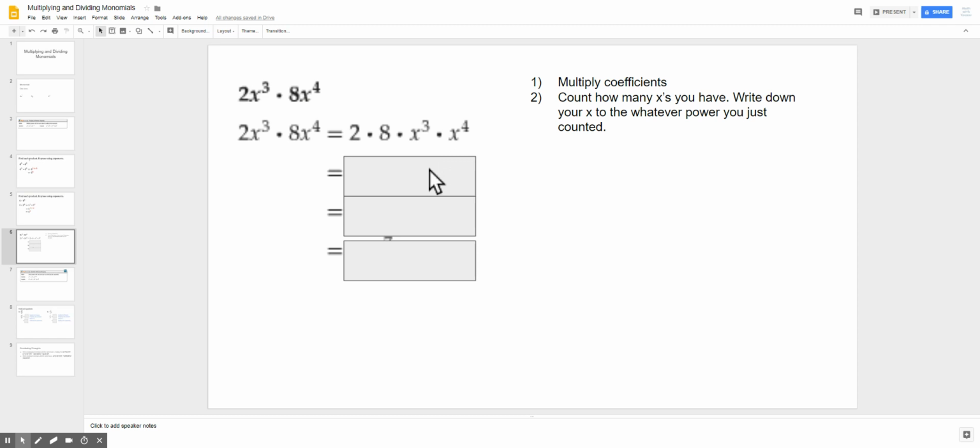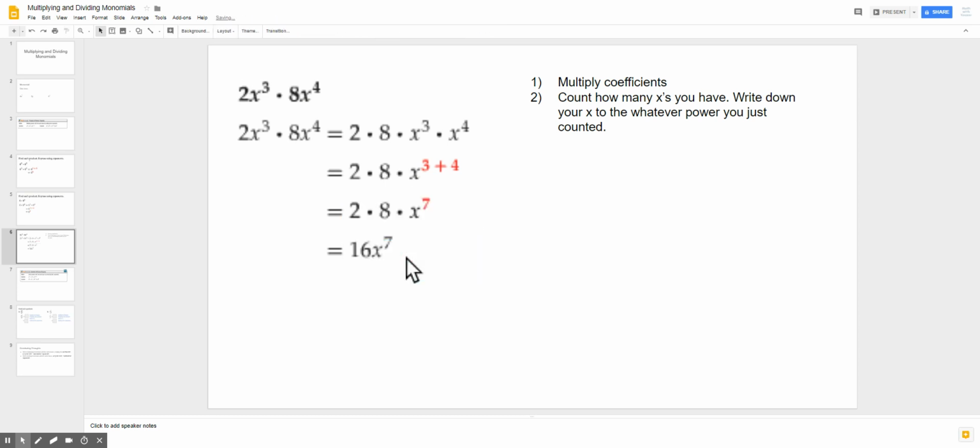And when you do that, you can see right off the bat your exponents. You would add your exponents and keep the base of x. So your exponents will be 3 plus 4, which gets you that 7, right? So it would be x to the 7th, and then your coefficients you just multiply. So you end up getting 16x to the 7th.